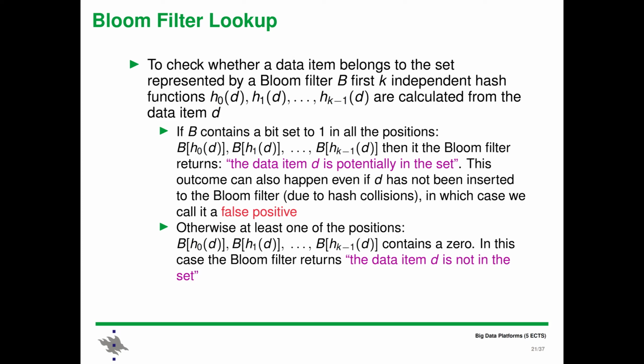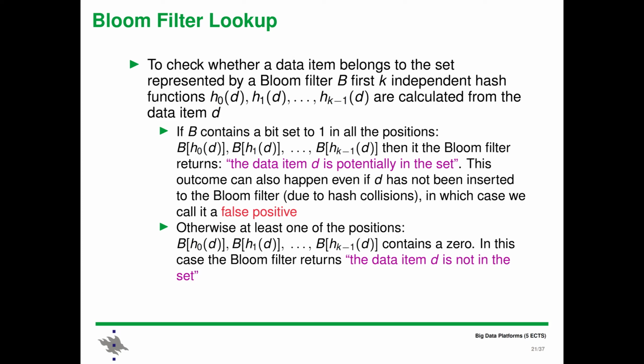So the larger the Bloom filter, the fewer problems there are, so the lower the probability of having a false positive, a scenario where we say, okay, this might be in this set, but it actually wasn't. The probability of false positives goes down when we add more bits to the Bloom filter.